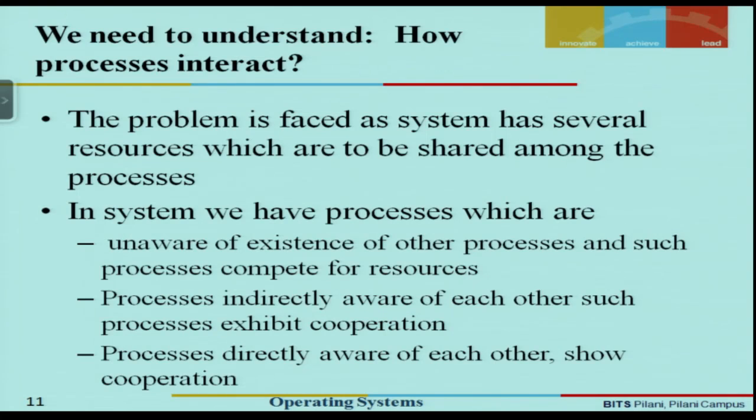They know that somebody would access, but they are not directly aware of who is going to be accessing. Nevertheless, even in such a case, because the processes are indirectly aware, they at times would show a kind of cooperation. So it will ease out certain issues.